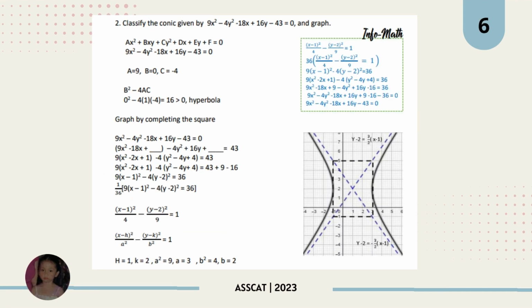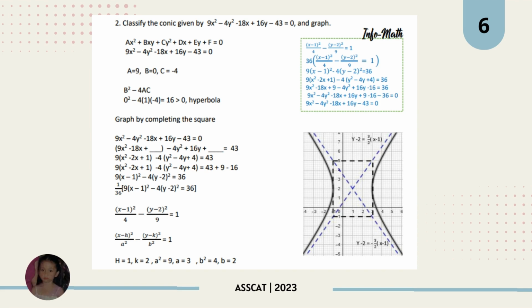So next example, classify the conic given by 9x squared minus 4y squared minus 18x plus 16y minus 43 is equal to 0, and graph. So we identify the A, B, and C. So A is equal to 9, B is equal to 0, C is equal to negative 4.